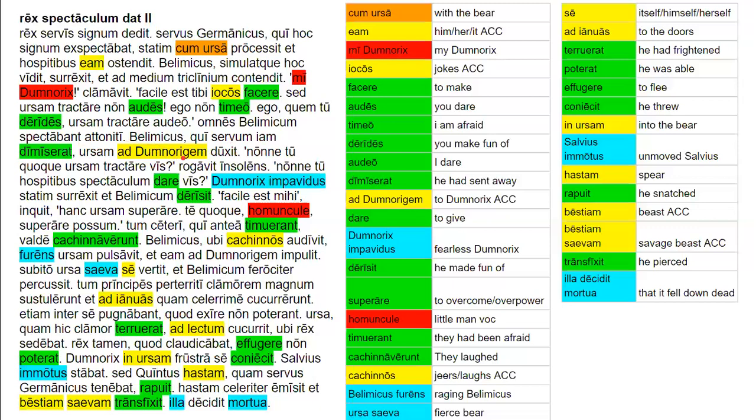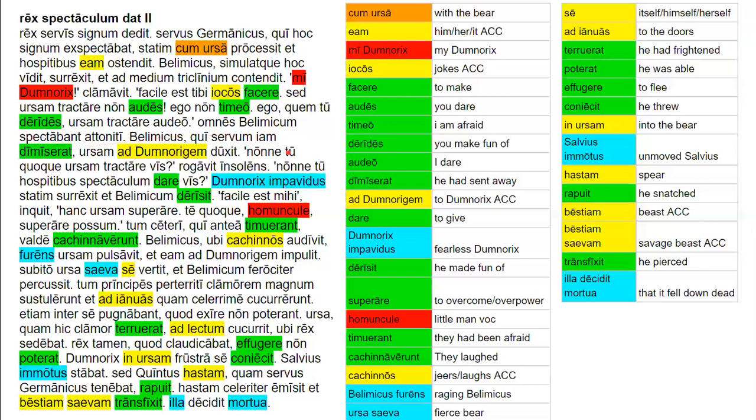All right, so we have perfect tense verb there, duxit, pluperfect tense verb dimiserat inside of that relative clause, and it's referring back to Bellimicus, right? You can tell qui is nominative and masculine and singular. It's masculine and singular because of Bellimicus. It is nominative because it is the subject of dimiserat.